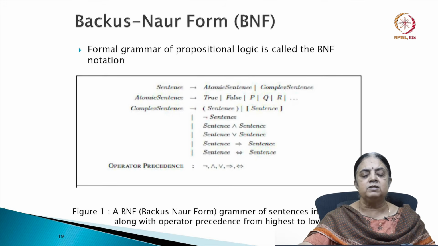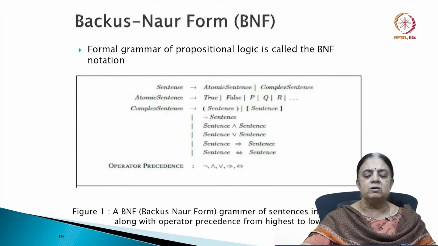So here we have a sentence to be equal to an atomic sentence or a complex sentence. Atomic sentence means what? It means true, false, P, Q, R, A, B, whatever symbols you want to use, right? You can put all of them here. So you'll be using true or you'll be using false. So that's why you put it in this way.